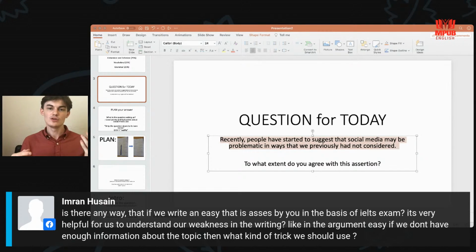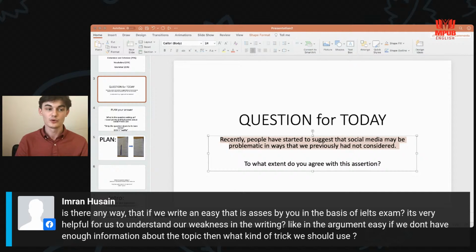So guys, you're not being assessed on how much you know about social media or food or the current political climate in wherever. They're not assessing you on that. They're assessing you on your use of language. And so, if you don't have enough information, it's something you can elaborate on your points. Just make sure you're using good vocabulary, good grammar, and you're answering the question to the best of your ability.